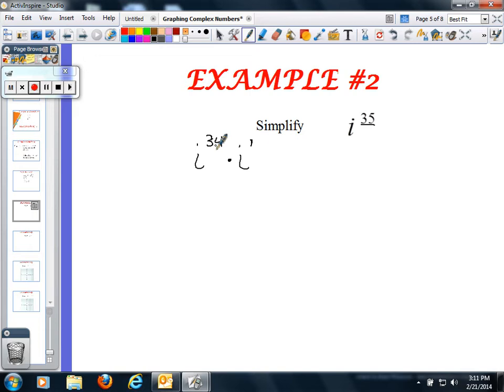So now, 34, we're going to write as i squared. How I find this is I take 34, I divide by 2, which is going to be 17. So this is i squared to the 17th power times i. That means this is going to be -1 to the 17th power times i.